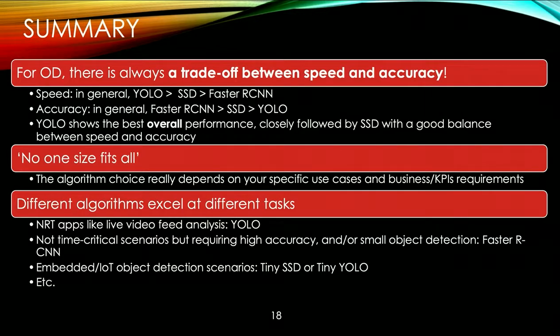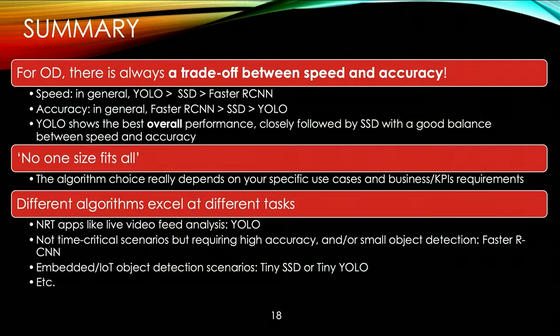Accuracy-wise, generally speaking, Faster R-CNN is better than SSD, which in turn is better than YOLO. YOLO actually shows the best overall performance among all the candidate algorithms I have been looking at, closely followed by SSD, with a good balance between speed and accuracy.